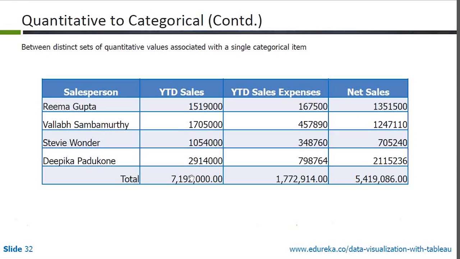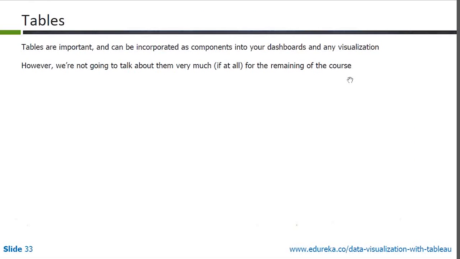In this case Deepika had the highest sales, and also here, but sales expenses were also very high for her. So if you take a percentage, you get a completely different figure, right? So I'm trying to see sales, sales expenses and net sales.